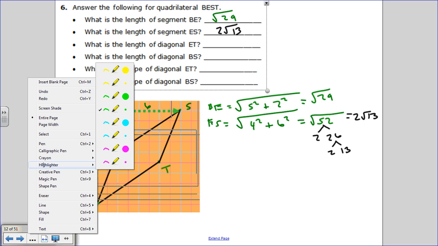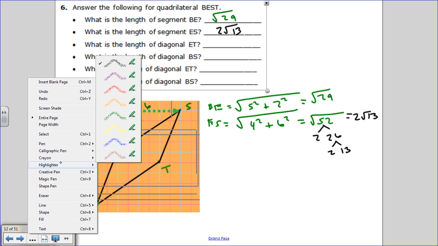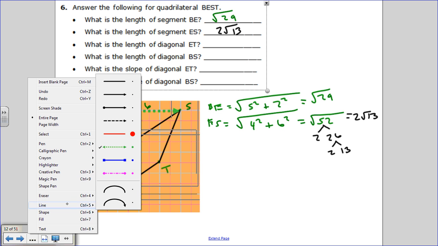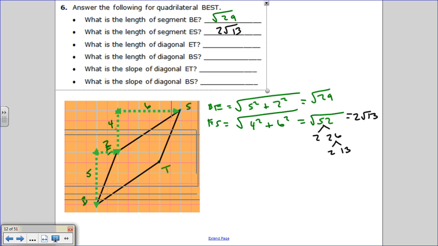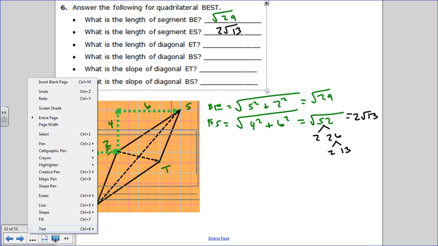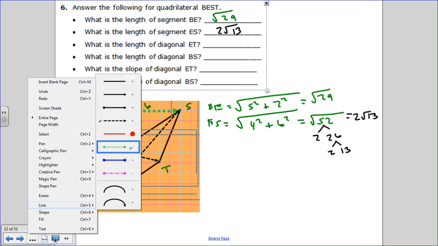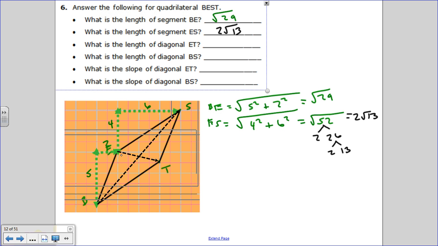All right, I need to draw all these diagonals that are mentioned. The first one is ET, and I need diagonal BS as well. It wants the length of each of those first. So for ET, let's do that one first. To go from E to T, I go downwards and over.